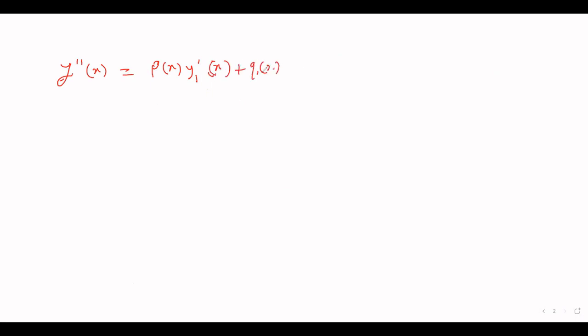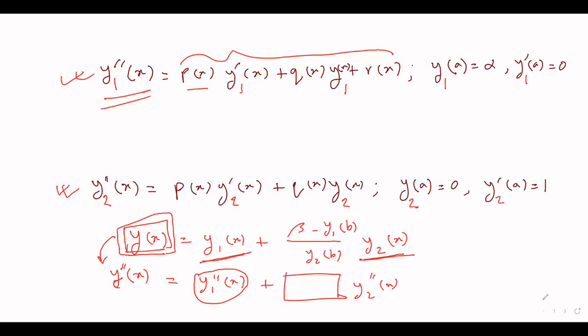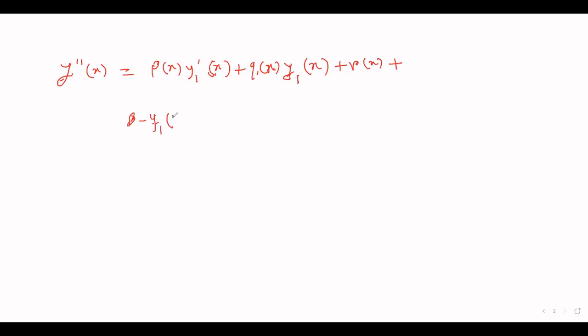plus q of x y1 of x plus r of x plus that constant, which was beta minus y1 of b over y2 of b, times the similar looking expression for y2 double prime.